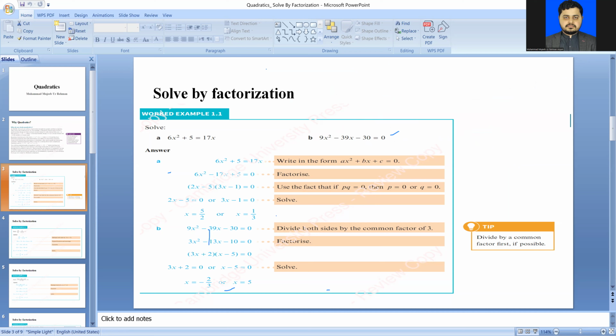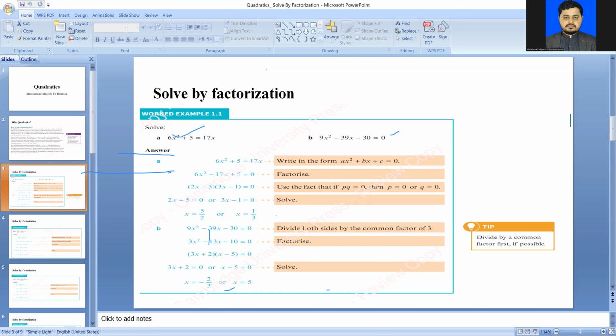Now we consider our example, part A. So this is our example: 6x squared plus 5 equals 17x. Note that this is not in the standard form. We need to convert it into the standard form.